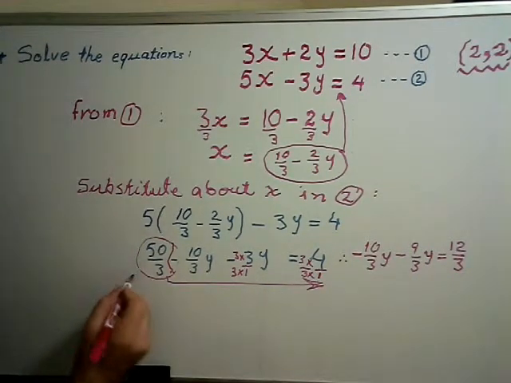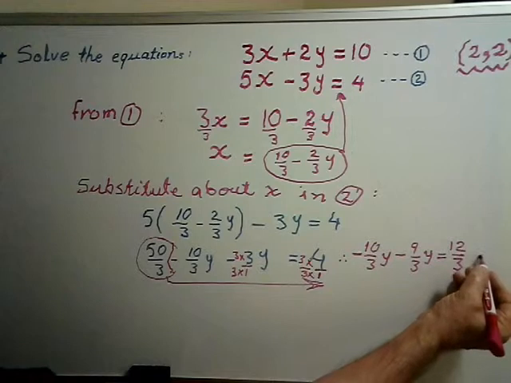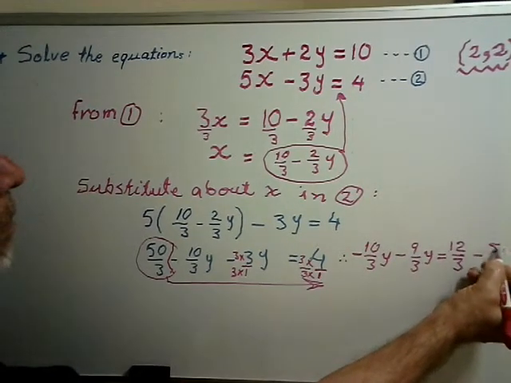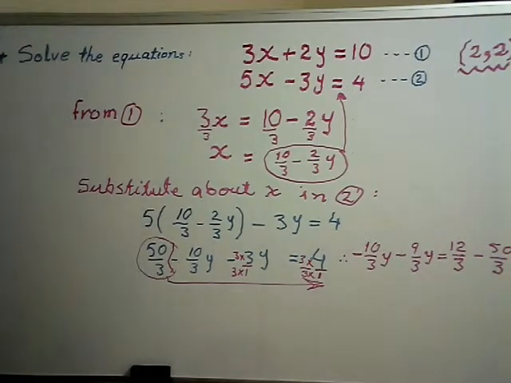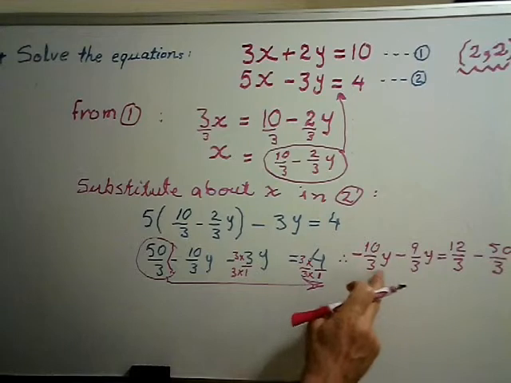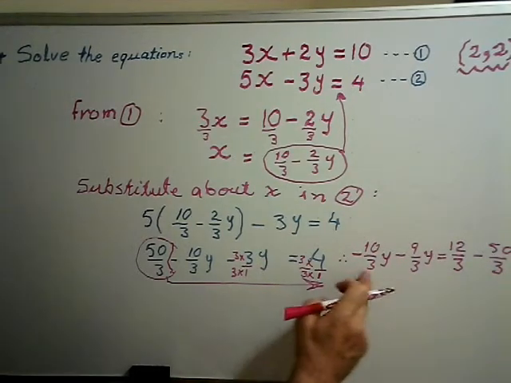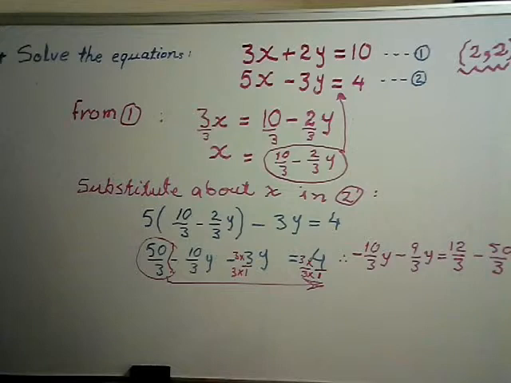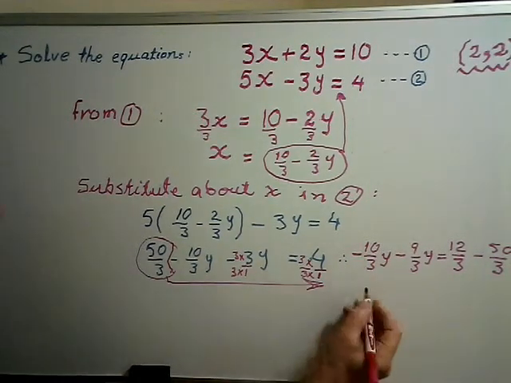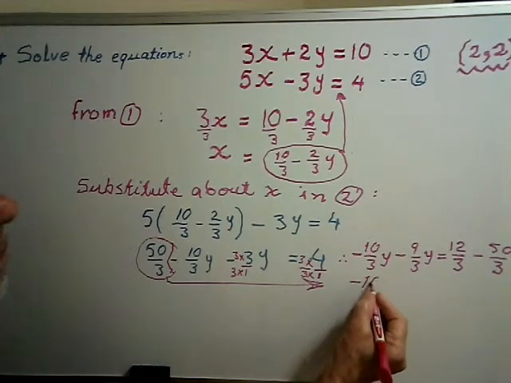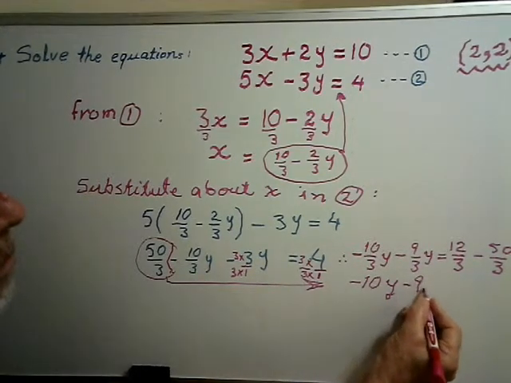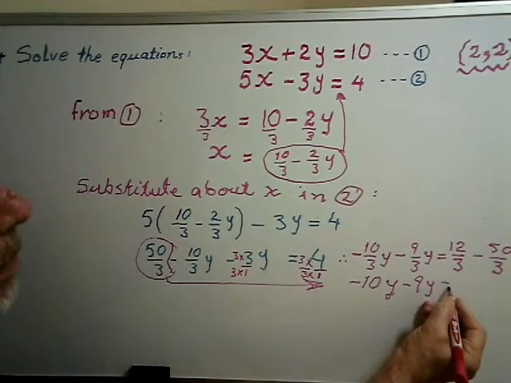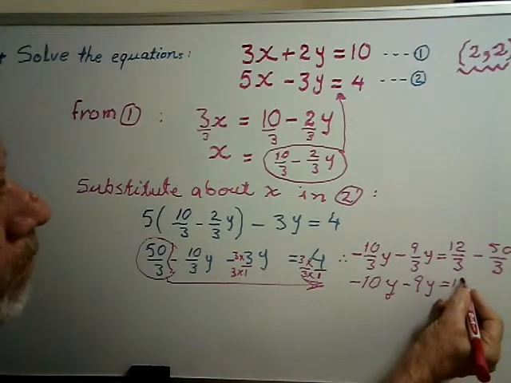We move this to the other side, it will be negative 50 over 3. You see, all the denominators are equal, so we can multiply all the equation by 3 to get rid of the denominators. So here negative 10y minus 9y is equal to 12 minus 50.